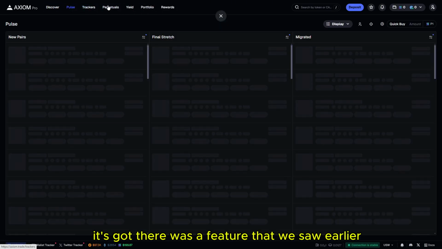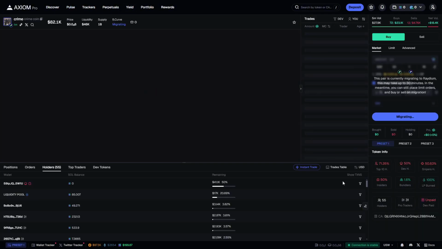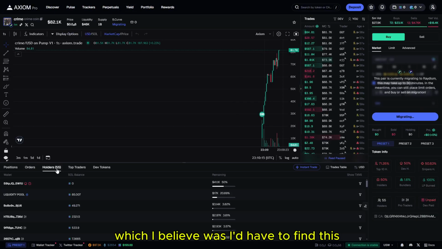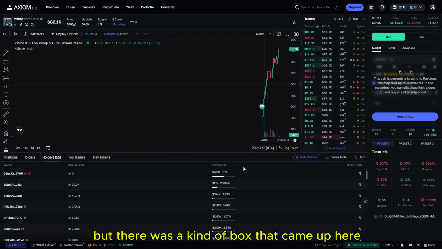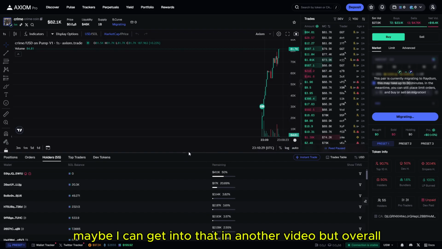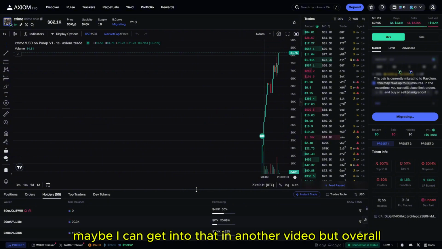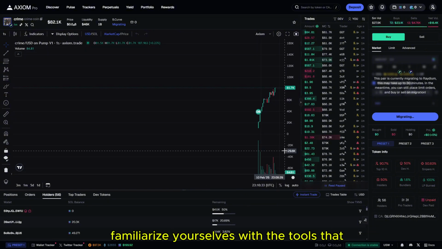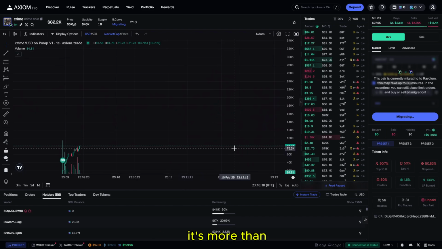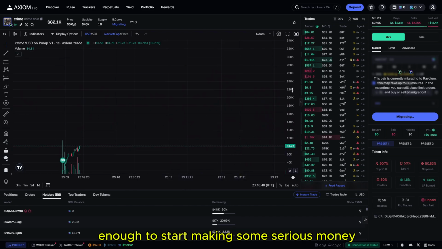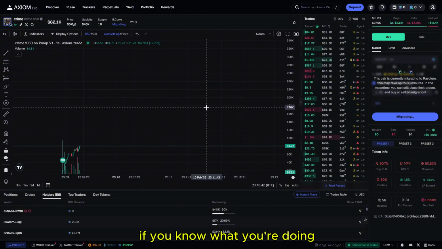There was a feature that we saw earlier that was very useful, but I'm not sure exactly how I activated it, but there was a kind of box that came up here. Maybe I can get into that in another video, but overall, familiarize yourselves with the tools that I've explained in this video. It's more than enough to start making some serious money if you know what you're doing.